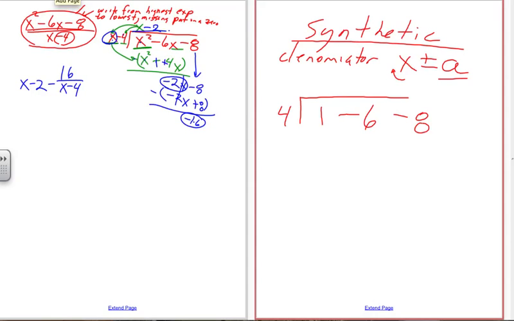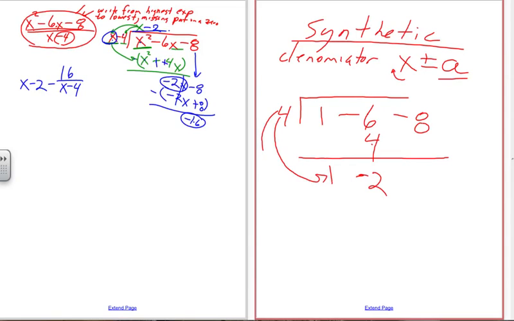I got those just from looking up here. So the first thing you do is you bring this number down. You just copy it down. Then you multiply 4 times 1, which is 4. Write it up here, and then you add these two. So negative 6 plus 4 is negative 2.